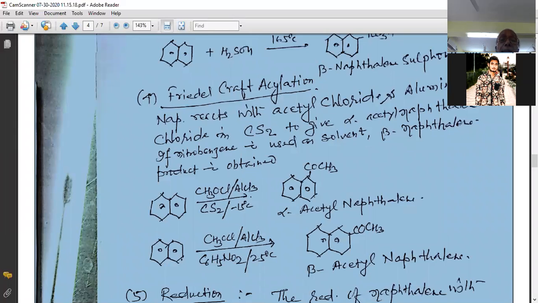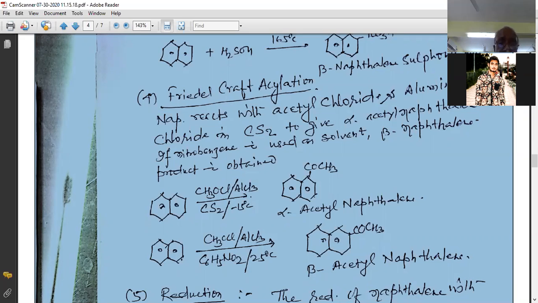In the Friedel-Crafts acylation, naphthalene reacts with acetyl chloride and aluminum chloride in the presence of CS2 to give alpha acetyl naphthalene. If nitrobenzene is used as a solvent, the beta acetyl naphthalene product is obtained.